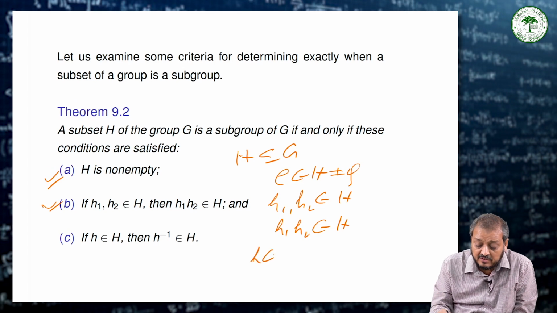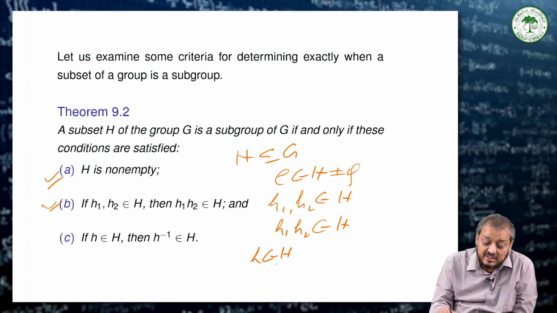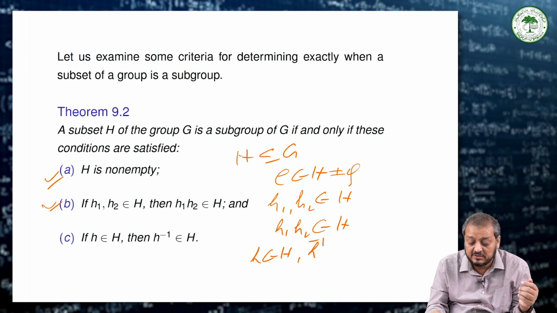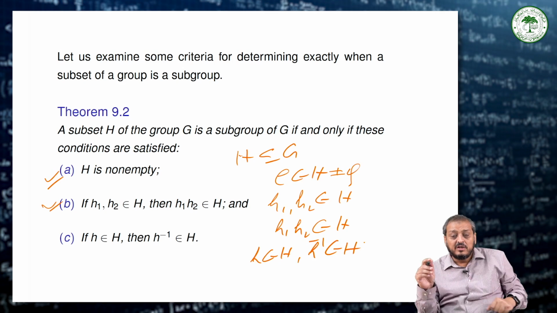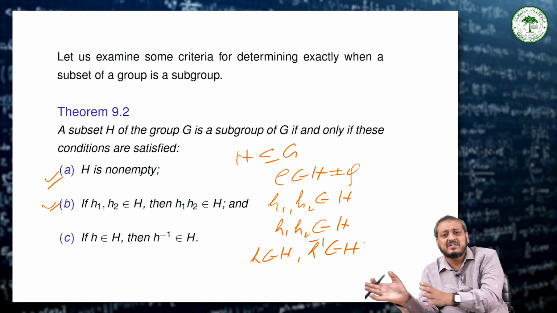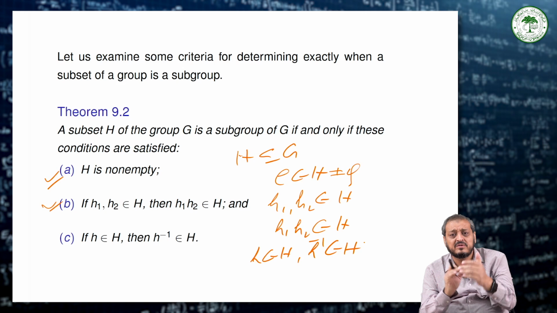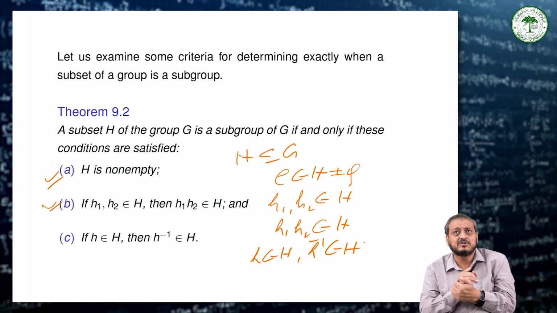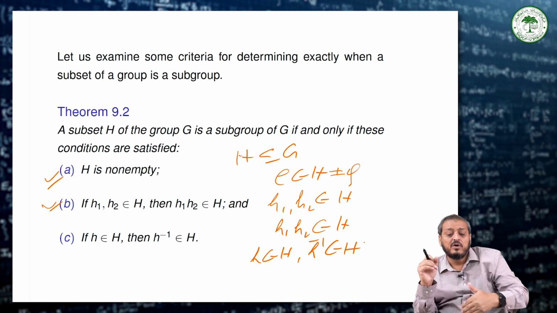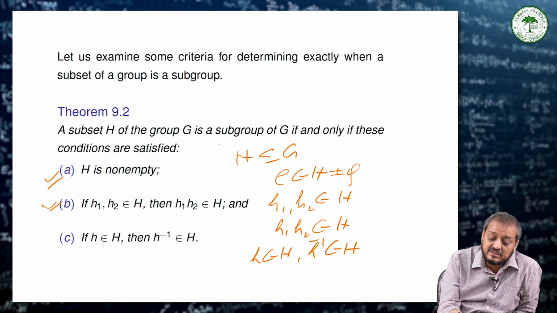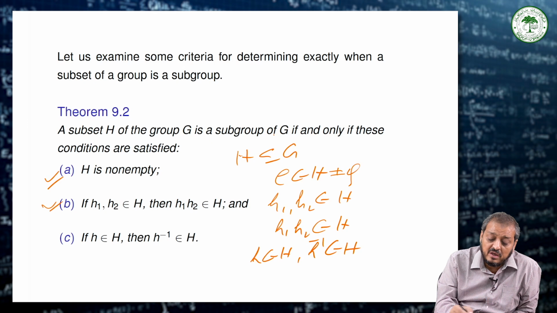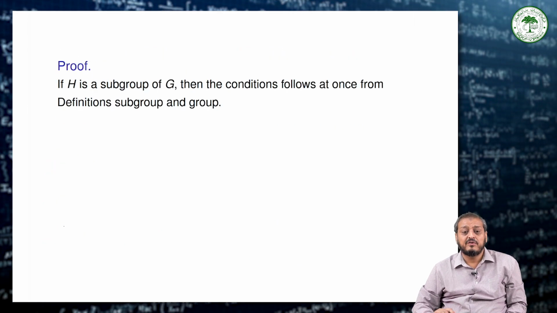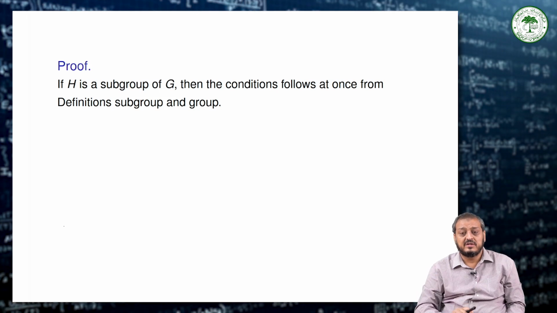So if H is an element of H, then every element has an inverse. So H inverse also belongs to H. Because H is a subgroup, this means H satisfies all the properties of a group: closure, associativity, existence of identity, existence of inverse. So that means one way: if H is a subgroup of G, then these three conditions hold by the definition of subgroups and groups.